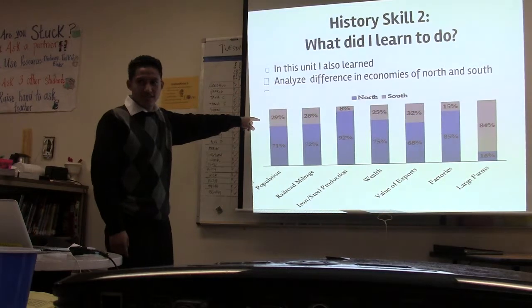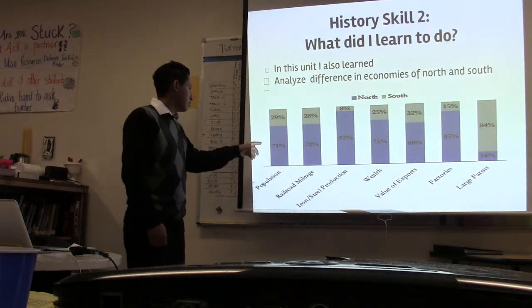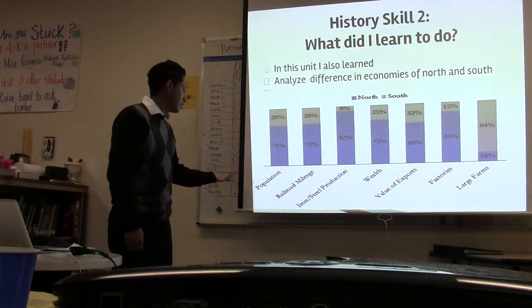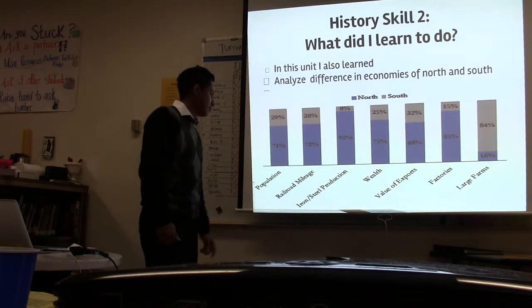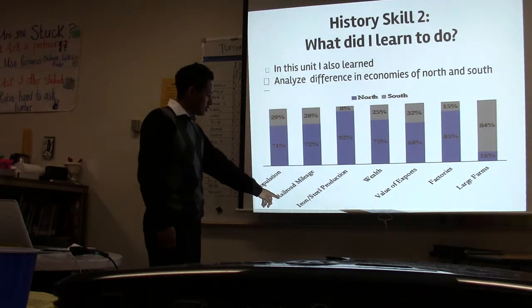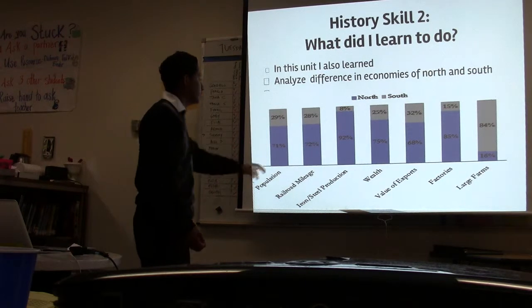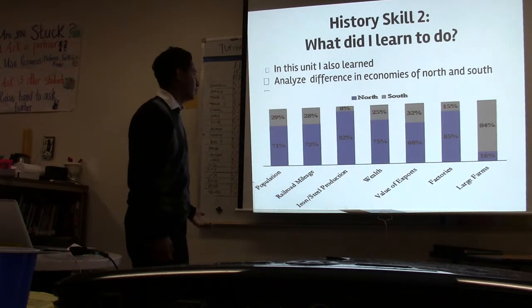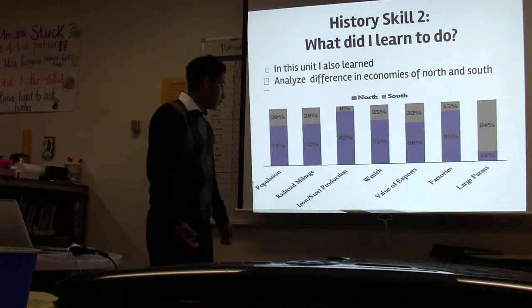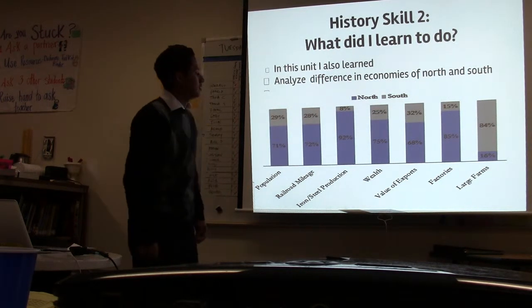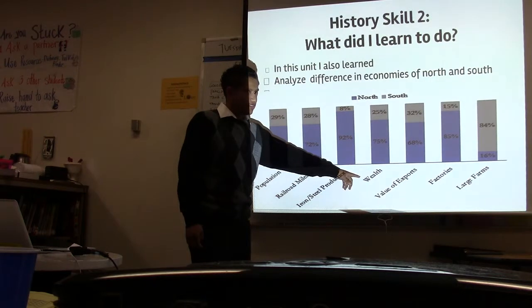Iron and steel production in 1862 is 8%.